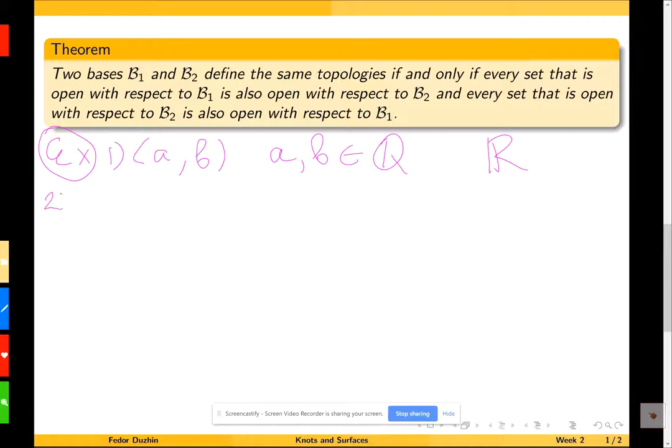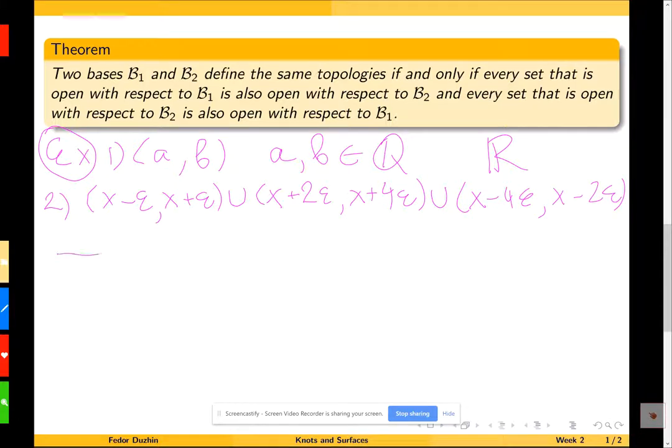Okay, so the second example is somewhat strange. Here we're going to consider all sets of the following kind: an interval from x minus epsilon to x plus epsilon, the union with an interval from x plus 2 epsilon to x plus 4 epsilon, and with the interval from x minus 4 epsilon to x minus 2 epsilon.